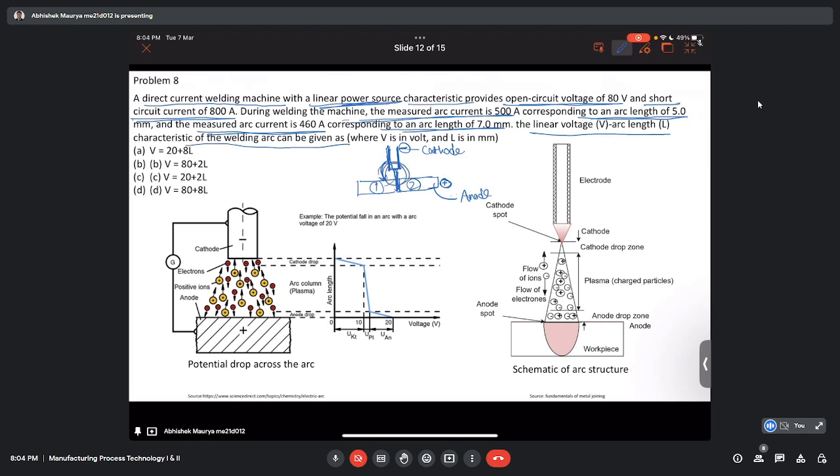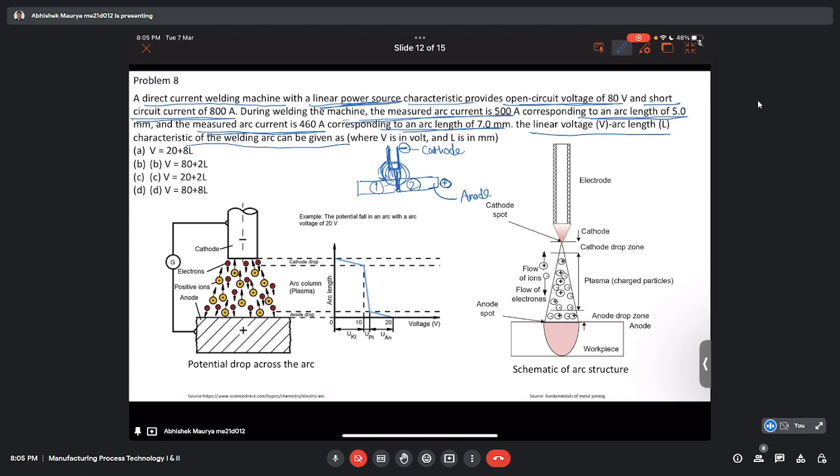And when we separate them, because of the high temperature, thermionic emission of electrons starts taking place.